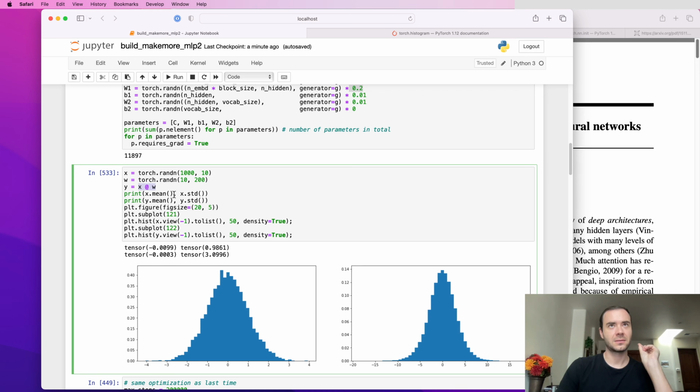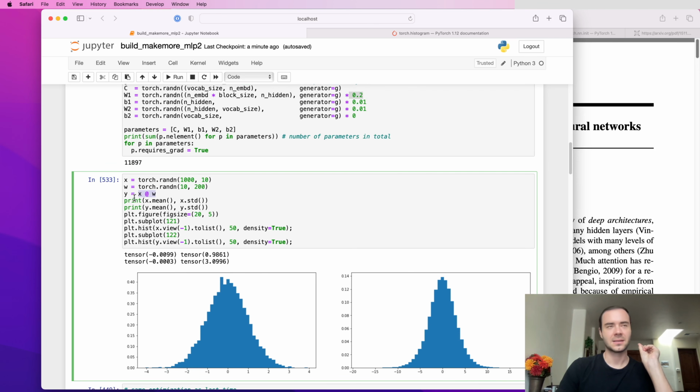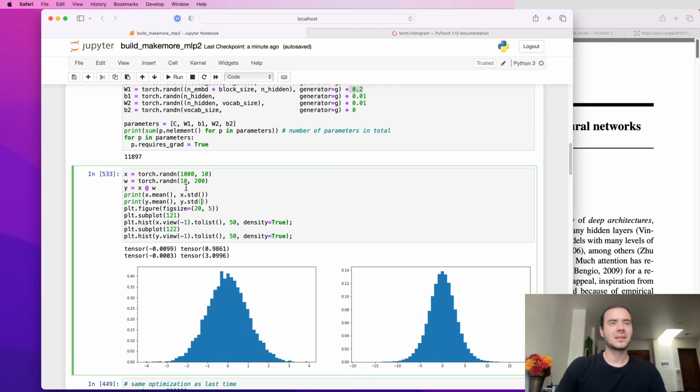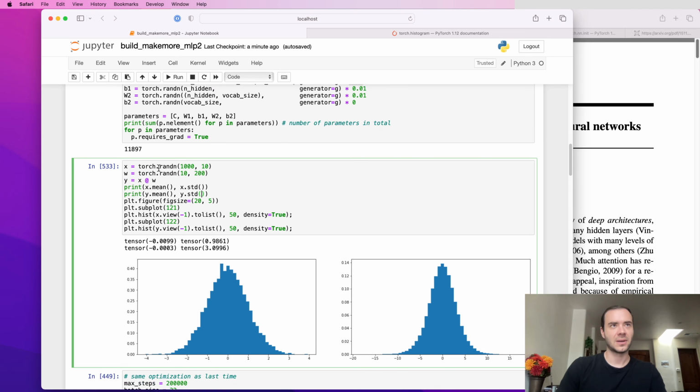And then we have, just like here, the multiplication x times w to get the pre-activations of these neurons. Basically the analysis here looks at, okay, suppose these inputs are uniform Gaussian and these weights are uniform Gaussian. If I do x times w, and we forget for now the bias and the non-linearity, what is the mean and the standard deviation of these Gaussians?